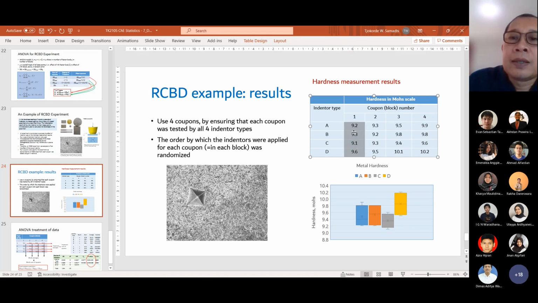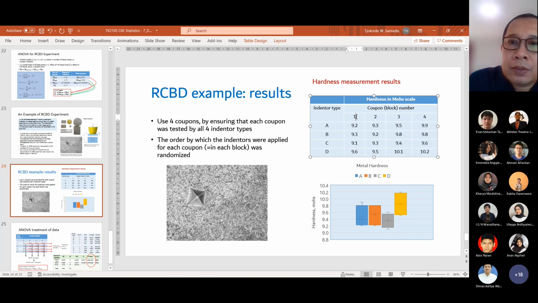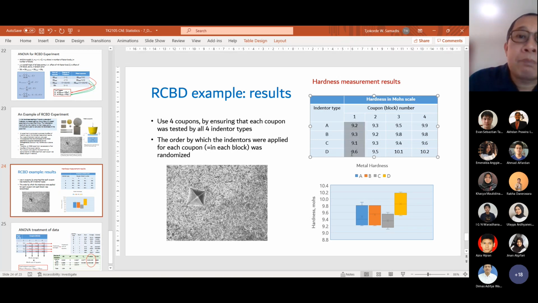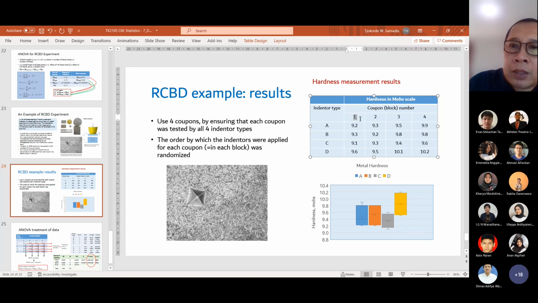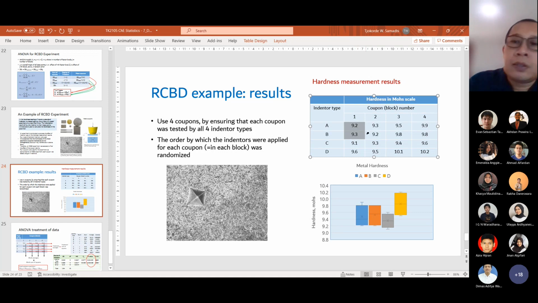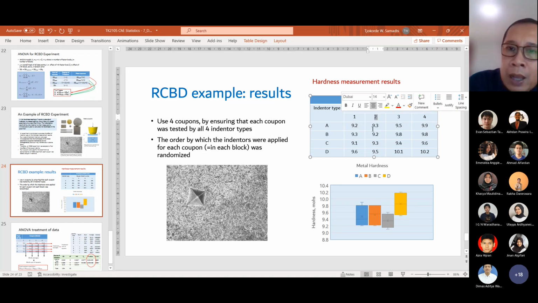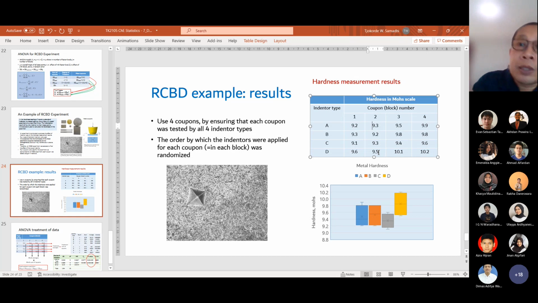Dalam hal ini, setiap blok, setiap kupon itu harus diukur dengan keempat-empatnya indenter, A, B, C, dan D. Nggak boleh misalkan blok nomor 1 ini hanya menerima indentor A dan B saja, yang blok nomor 2 menerima indentor A, C, dan D. Jadi setiap blok harus menerima semua level perlakuan. Okay, that's rule number 1.